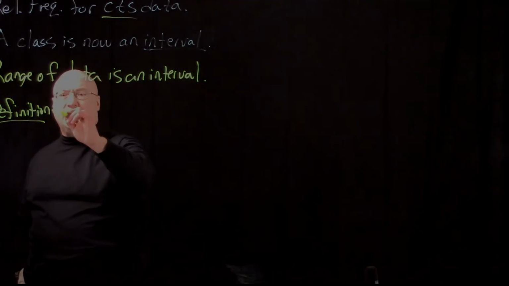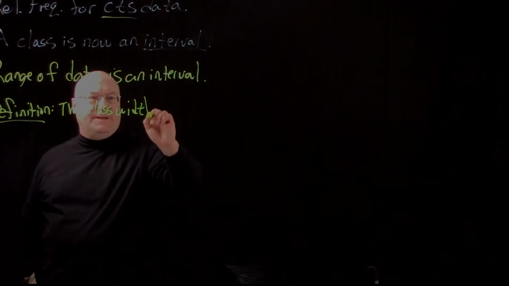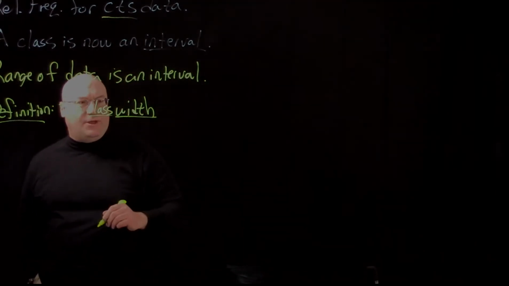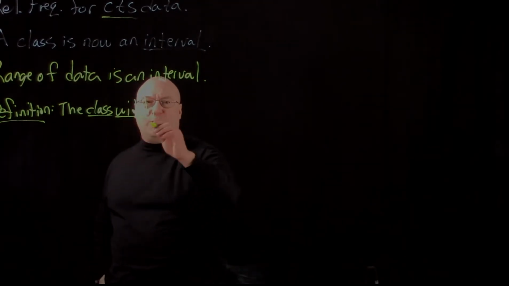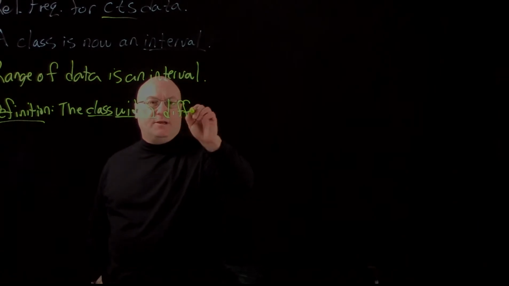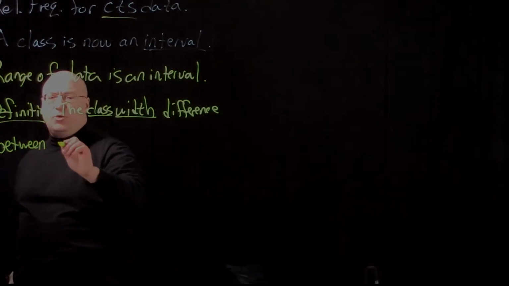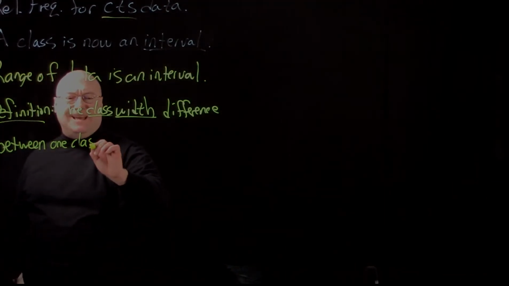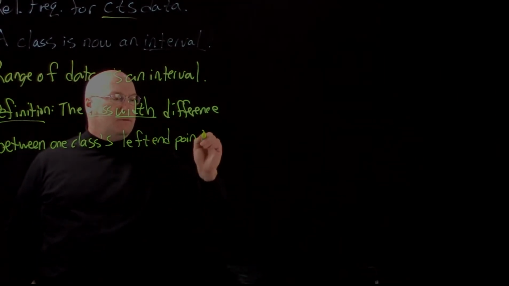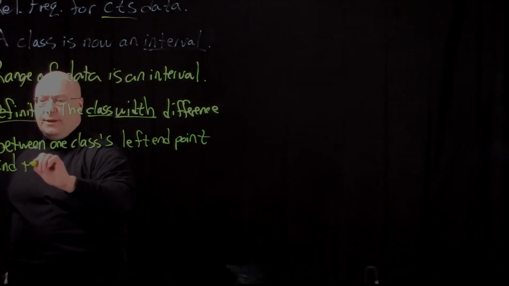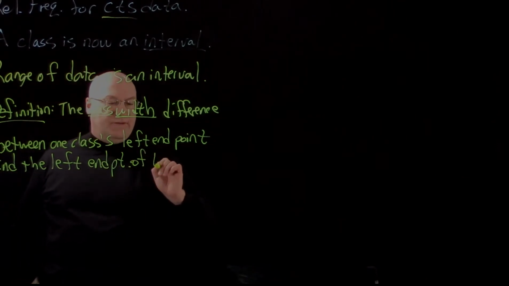Class width. In my relative frequency chart, the class will be a sub-interval, and the class width will be the difference between one class's left endpoint and the left endpoint of the very next class.